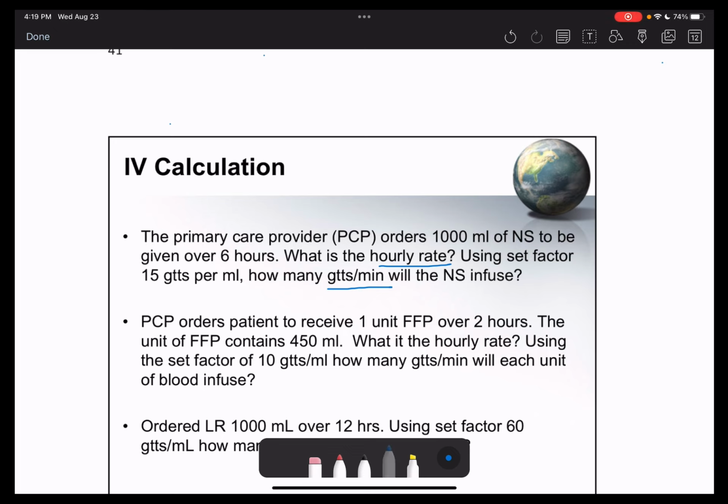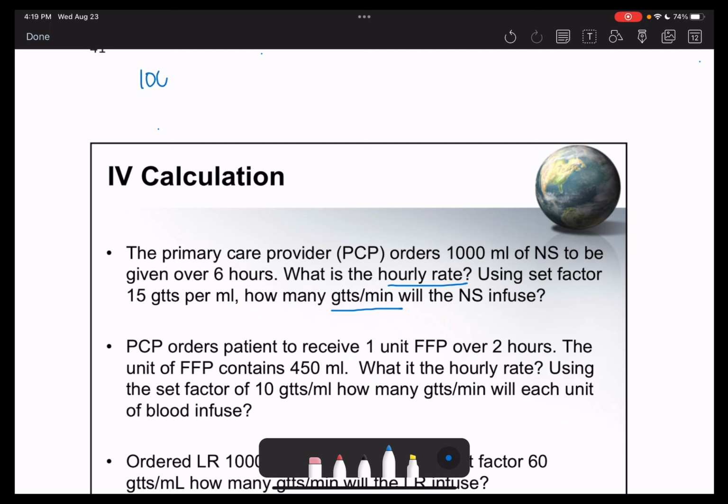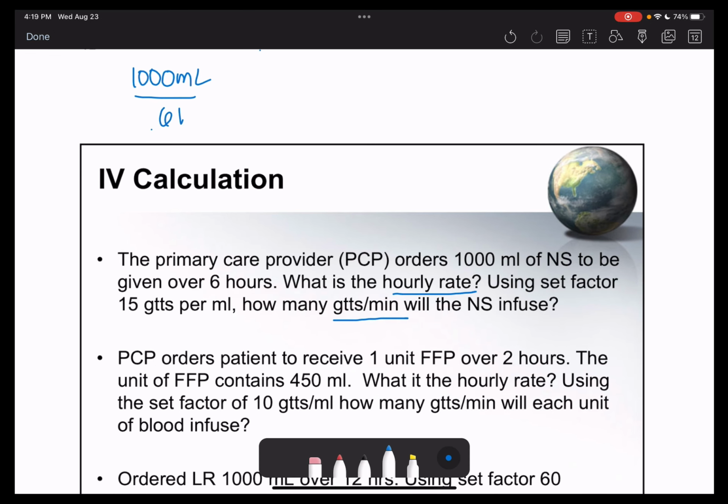So the way I usually do it is I get the order, right? And to get the hourly rate, I take the 1,000 ml. It says over, so underneath there, 6 hours. This is straightforward. This is what I'm going to set on that pump, right? 1,000 divided by 6 is 166.666 and so on.